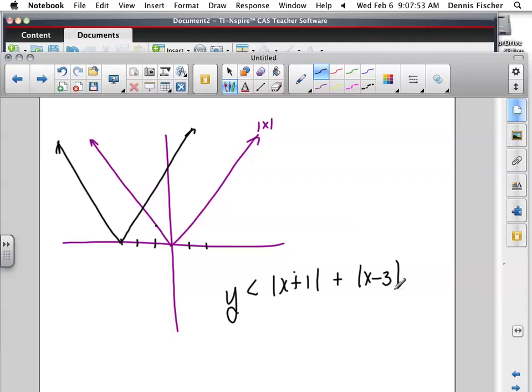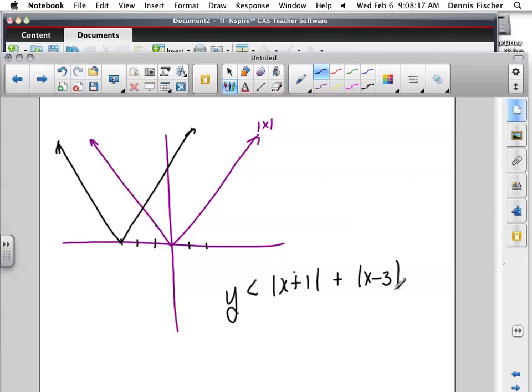What makes the first one 0? -1. What makes the second one 0? 3. That's where my flat part's going to be, right? So can I just graph from there? No. Now I need to graph looking further out to get the graph going up, correct? So I make my table from -4 to 6 or something like that to get the values that I need for my graph. That makes sense.